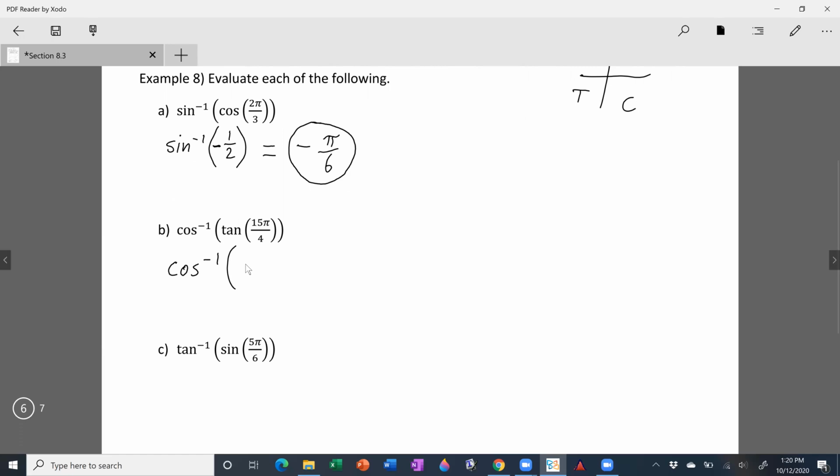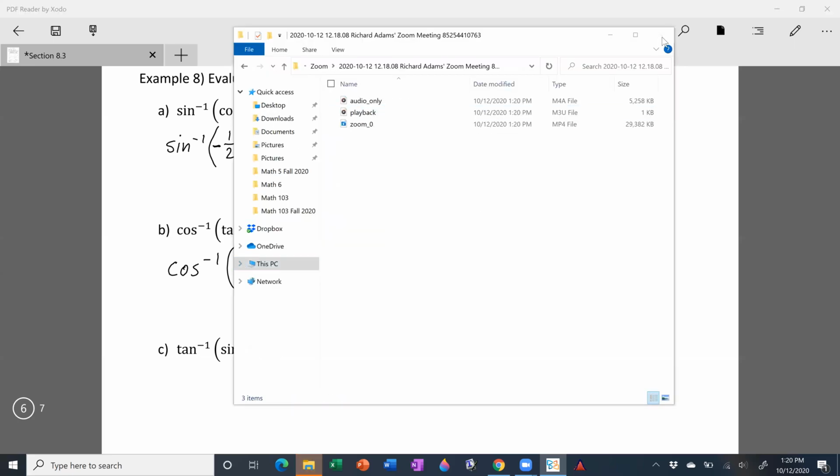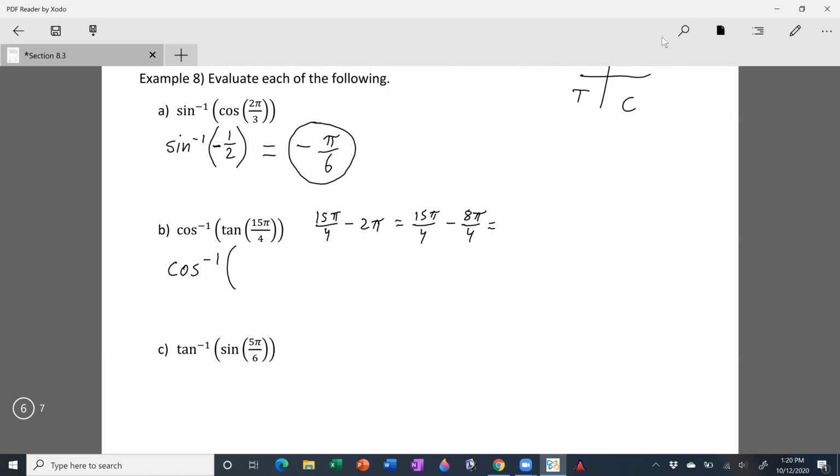Let's do some scratch work. 15 pi over 4, let's subtract 2 pi to find the reference angle that's only in the first time around. So that's minus 8 pi over 4. And so what do we get? 15 pi minus 8 pi. This tells us that we are going to be at 7 pi over 4.